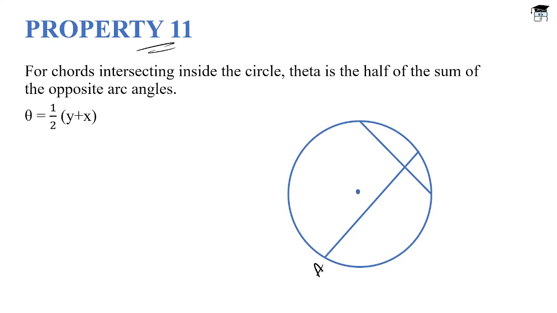Let's say this is AB and this is CD. These two are chords, and this is the center of the circle. They are intersecting inside the circle, and this is the point of intersection, let us say O. We know that AO into OB is equal to OC into OD.